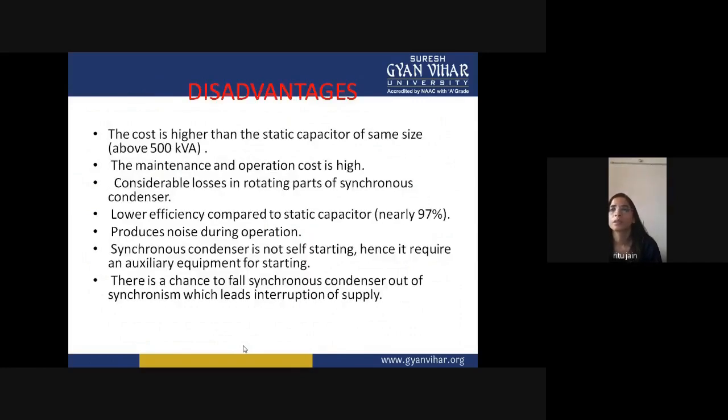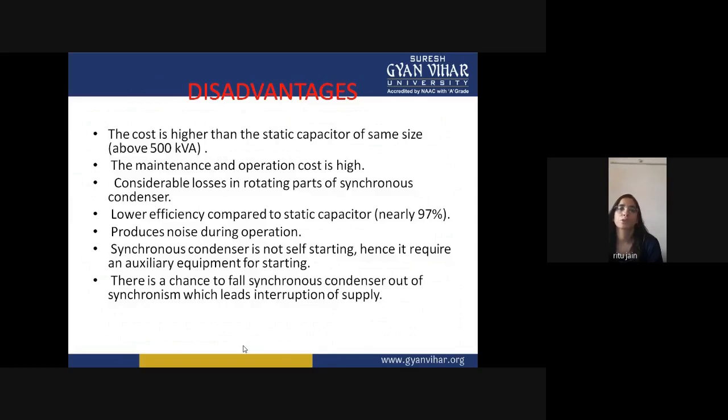Now, what are the disadvantages? The disadvantage is that the cost is higher than a static capacitor of the same size for above 500 kVA. The maintenance and operation cost of the synchronous condenser is also high, and the considerable losses in rotating parts of the synchronous condenser are also high. Lower efficiency compared to a static capacitor, which is 97%.